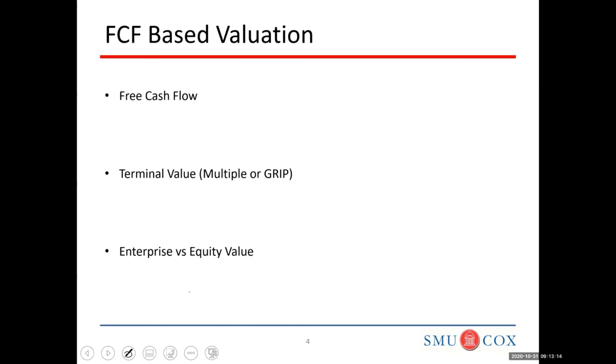Free cash flow, the formula would be EBIT times 1 minus tax rate, plus depreciation, just because depreciation is not a cash item, minus capex.